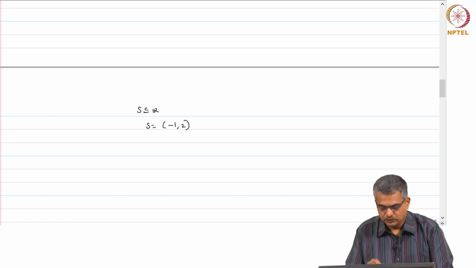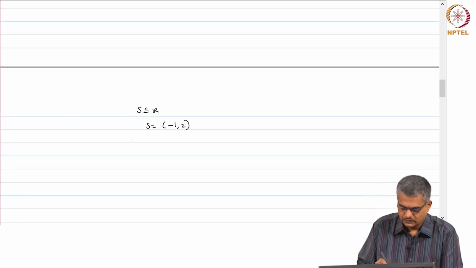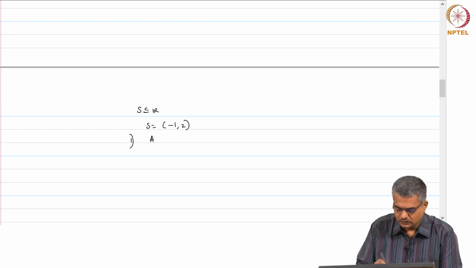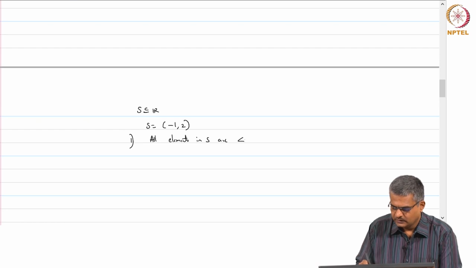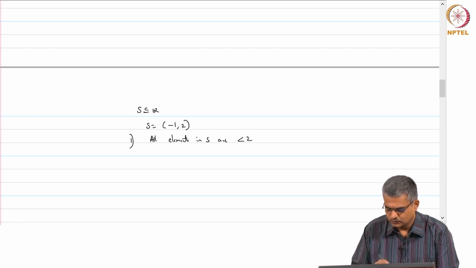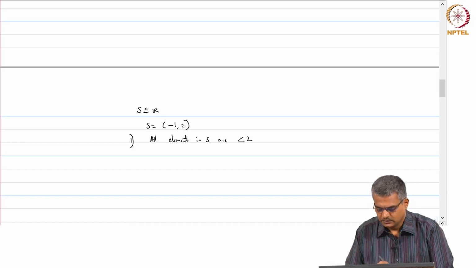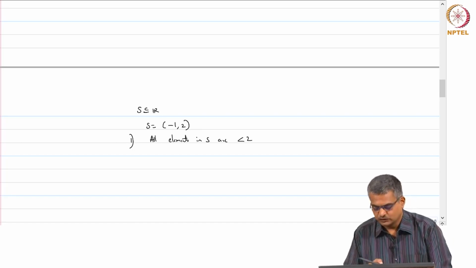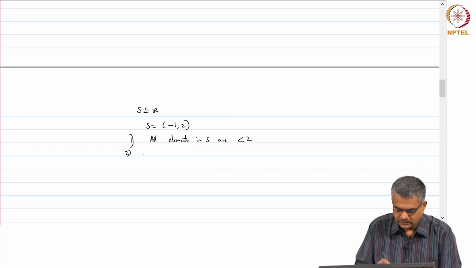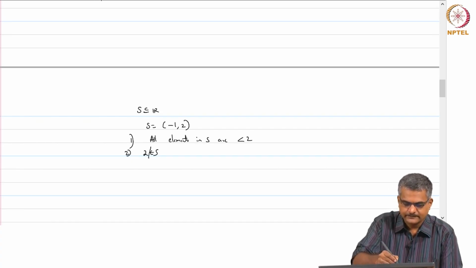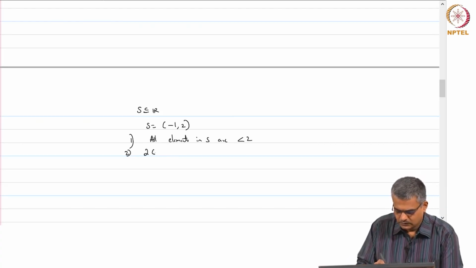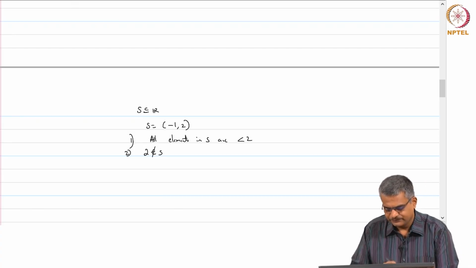However, the number 2 does not belong to S. So, the first observation is all elements in S are less than 2, right. Why strictly less than? Because 2 does not belong to the set S.